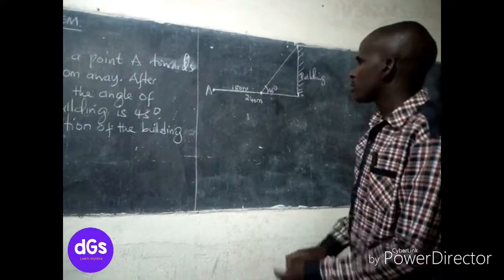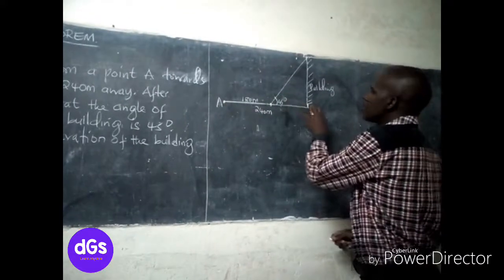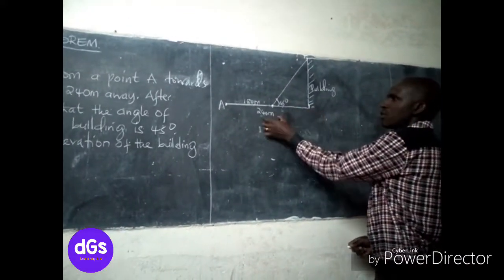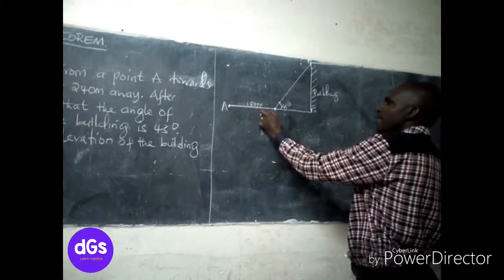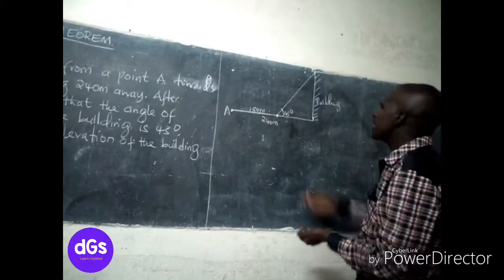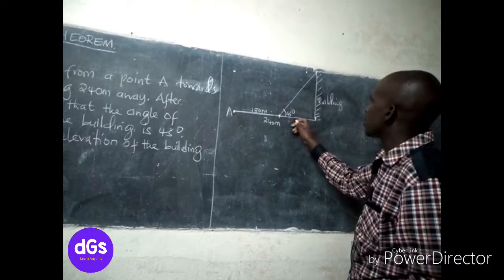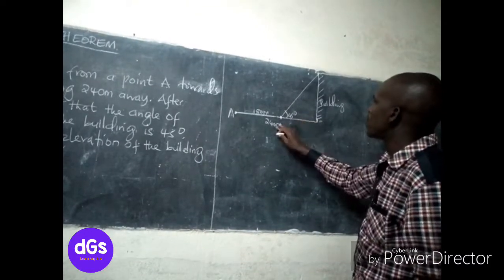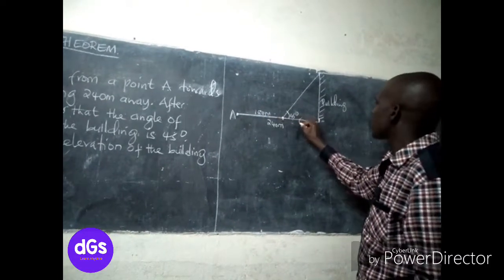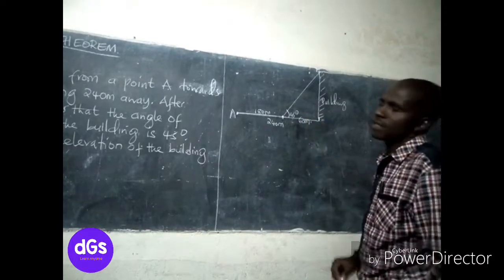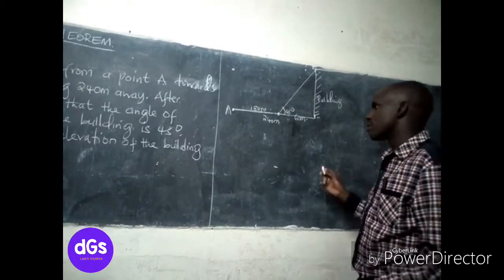If from A to the foot of the building is 240 meters, and he had covered 180 meters, then this distance shall be 240 minus 180, which is 60 meters.